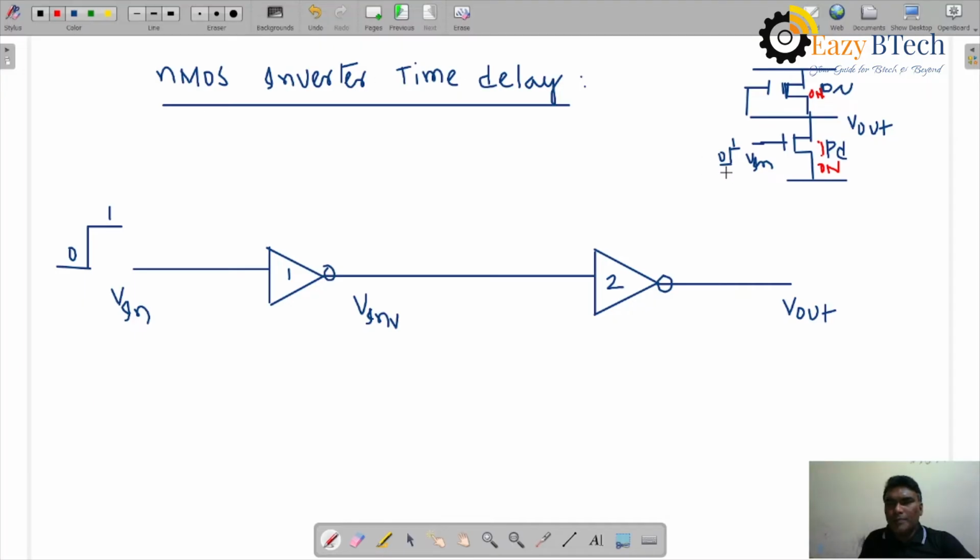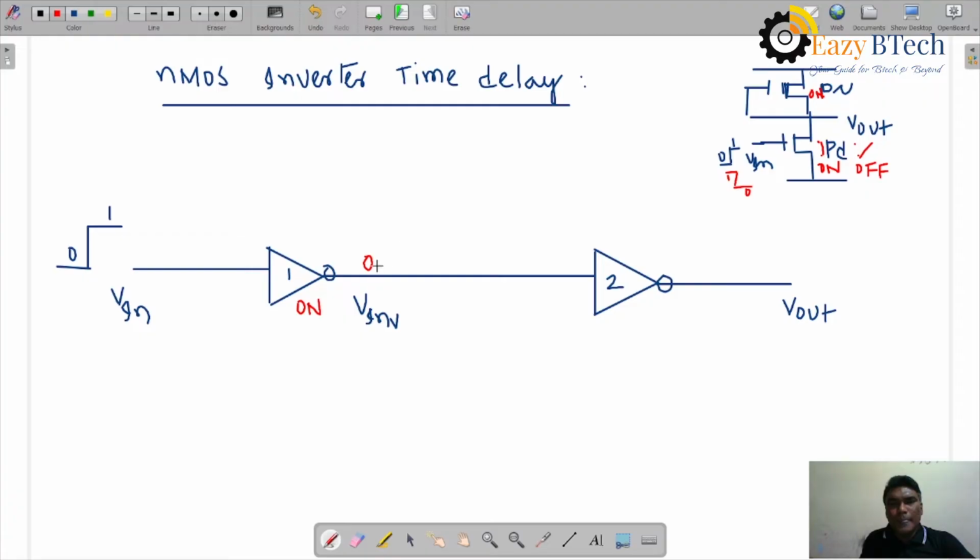If you are applying 0, then it will be an open circuit, off. Let us see this one. If 1 is applied in the NMOS inverter, the enhancement mode transistor is on, so the output is 0.